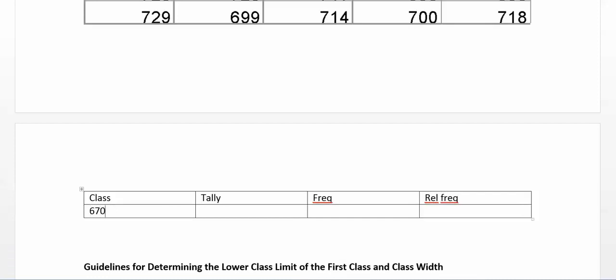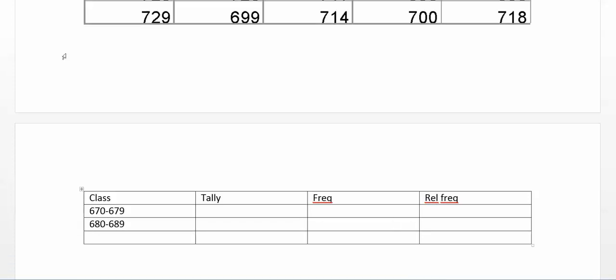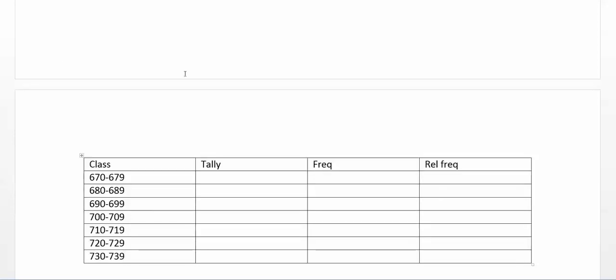And we're going to start at 670, and we're going to go all the way up to 679, because the next class starts at the next number up, so 680 to 689. I'm just organizing my data here as far as what I'll go in and look at. So 690 to 699. Kind of speed this up so you don't have to watch me do the whole thing.